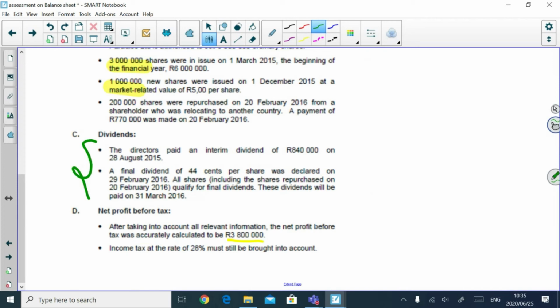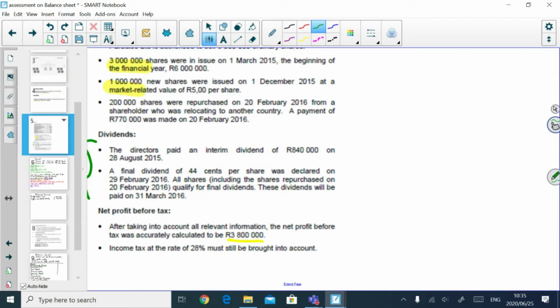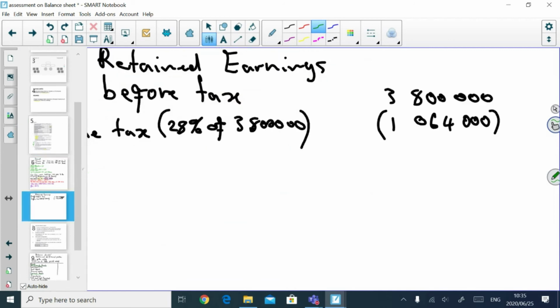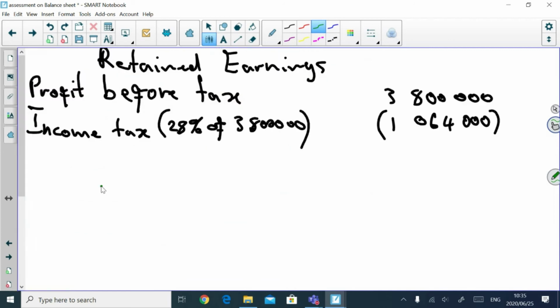They paid a dividend of 840. So when it's like that, it means that, okay, an interim dividend, isn't it? Interim dividends.